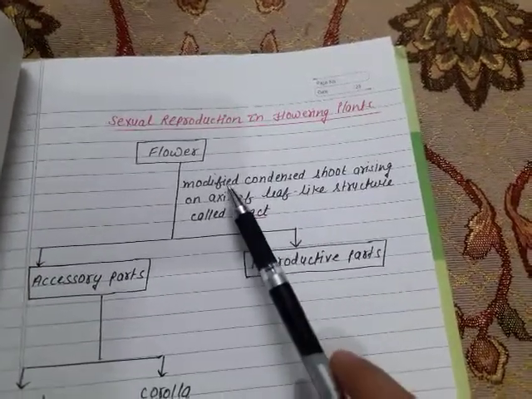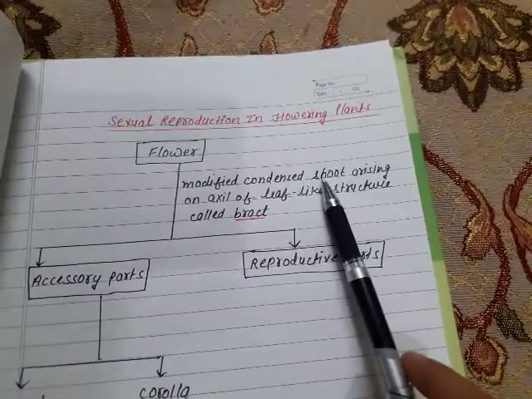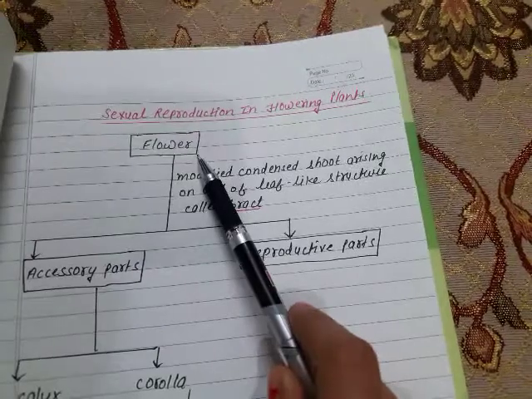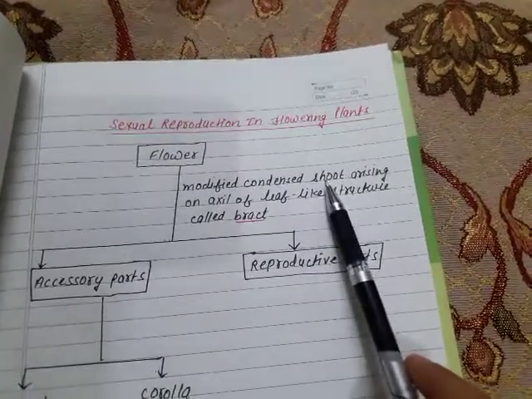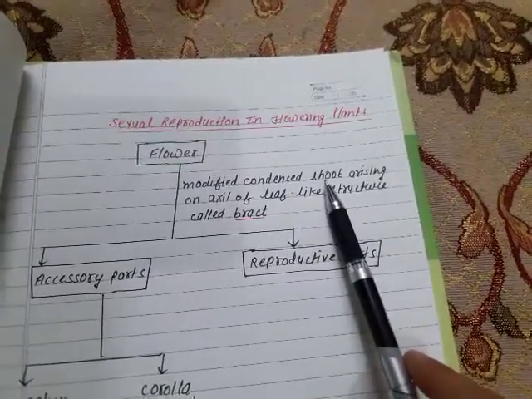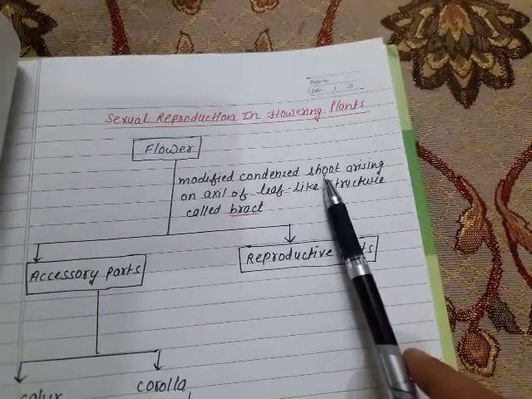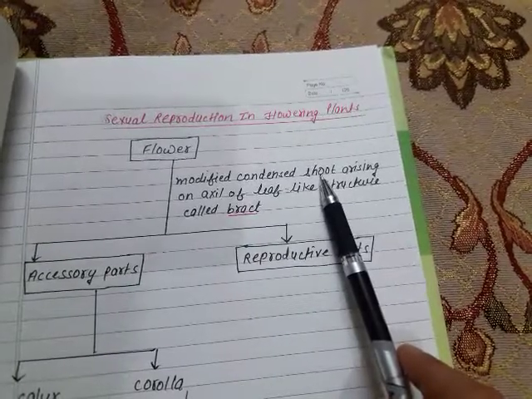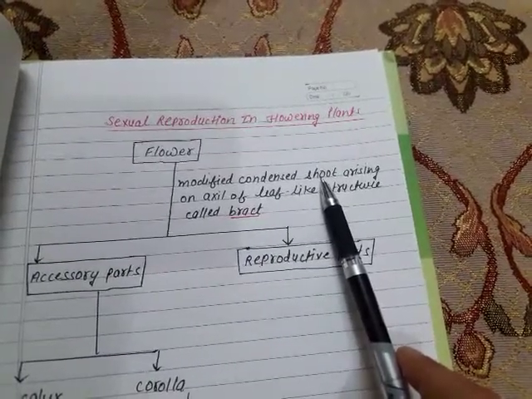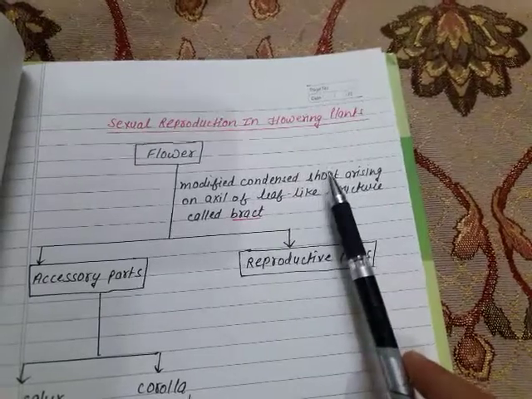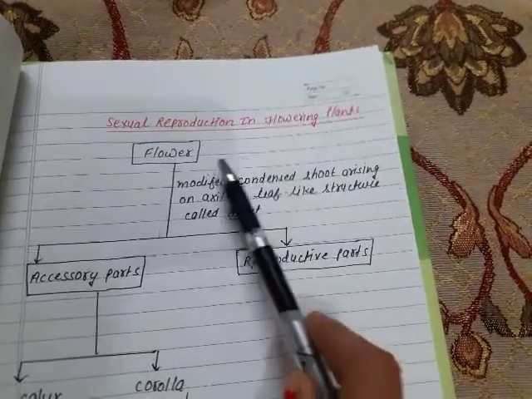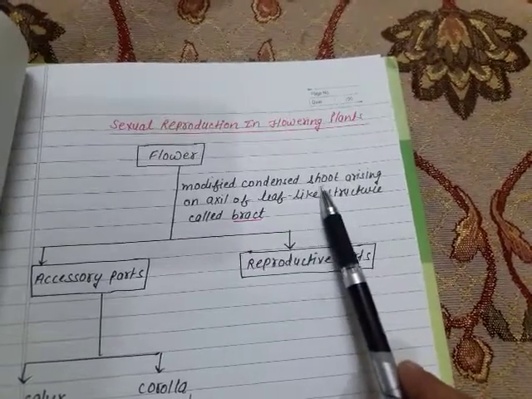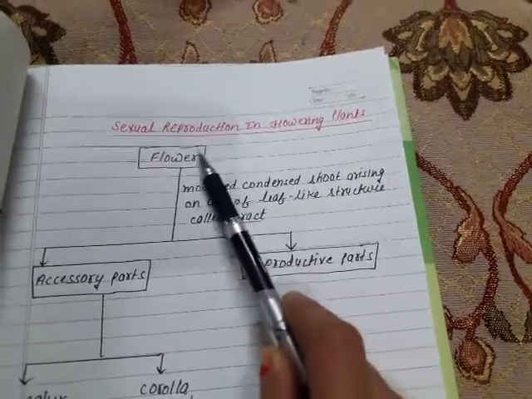Why am I saying modified condensed shoot? Because a flower is always formed on a mature plant. When the shoot gets the signal from the hormones, or when the shoot undergoes some physiological or structural changes as a result of hormonal production, in that case the shoot will get transformed into a flower.